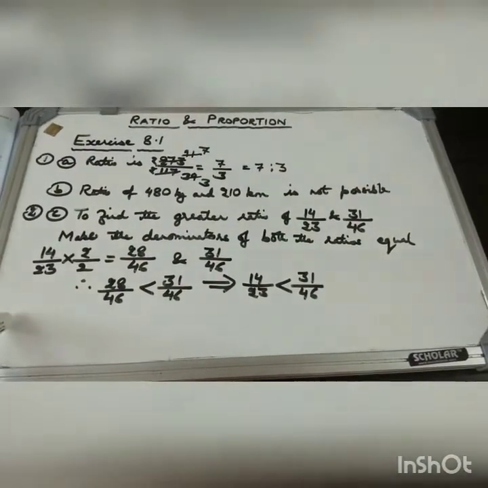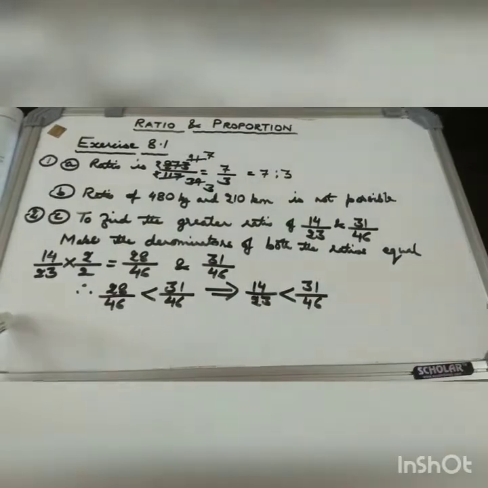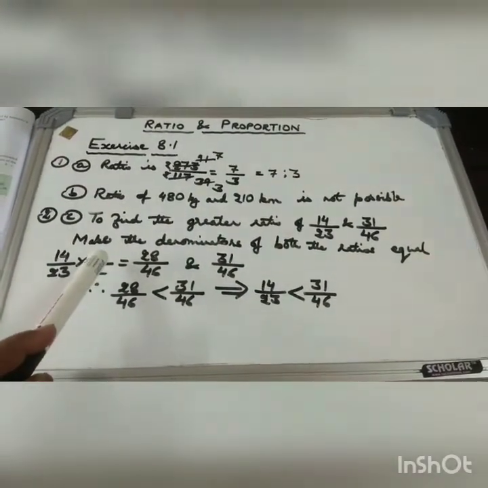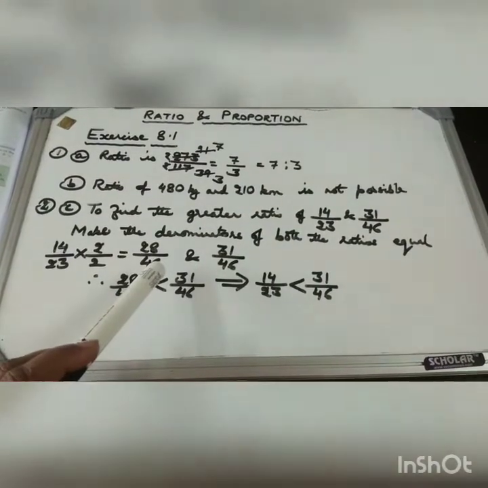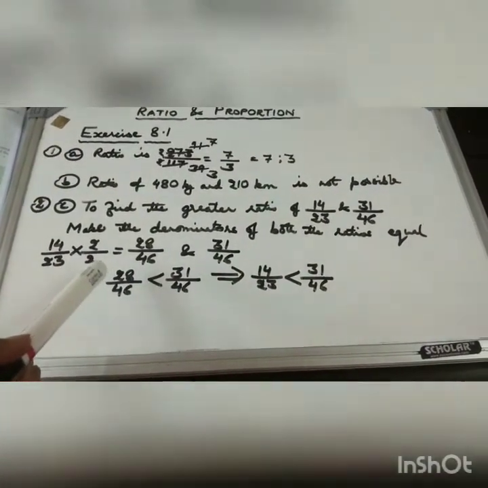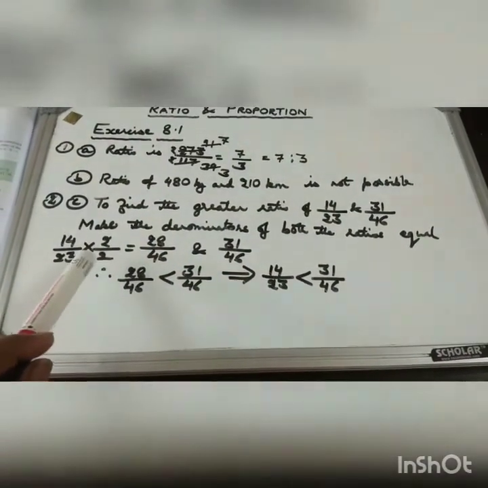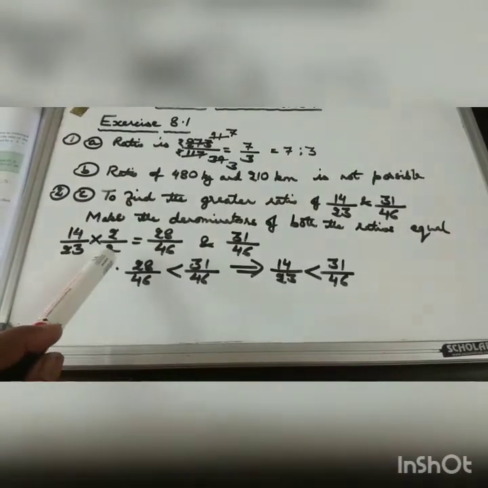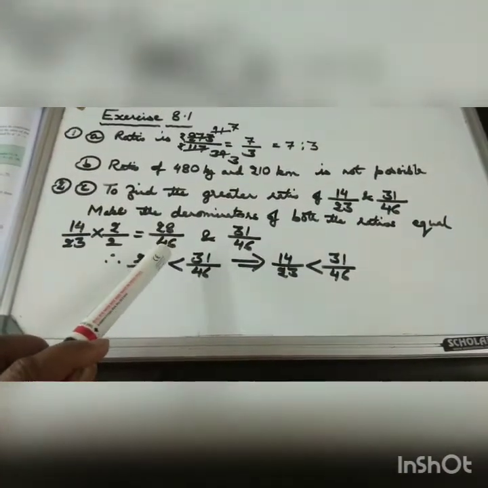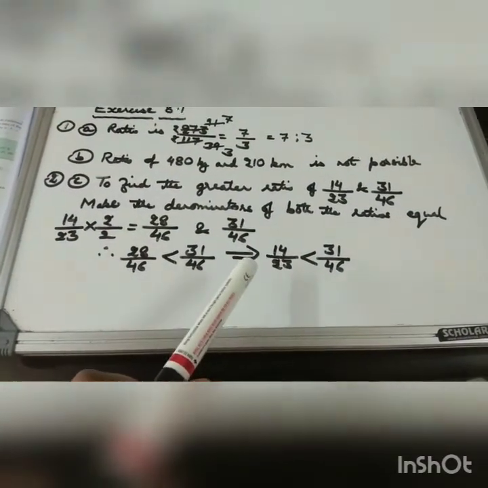So if I make the denominator same, I am getting first ratio 14 upon 23 as 28 upon 46 by multiplying numerator and denominator both by 2, because 46 is the required LCM for both of them. Hence, now first ratio is 28 upon 46 and second ratio is 31 upon 46.